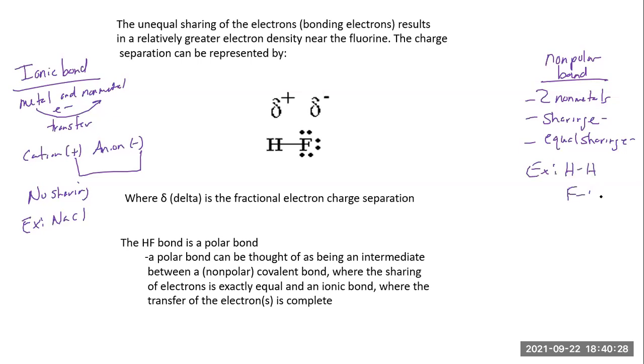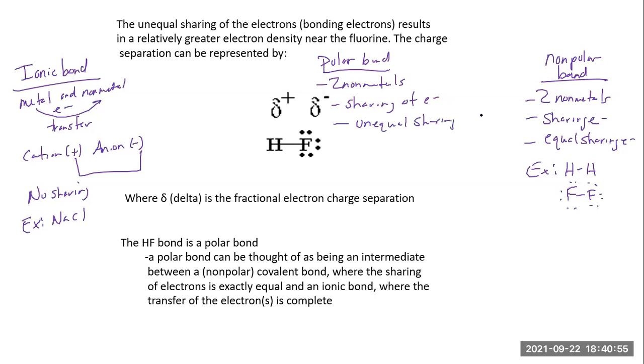Those are again examples of that. And sort of in the middle is a polar covalent bond, or just a polar bond, also between 2 nonmetals. Also sharing of electrons, but here, unequal sharing of electrons. Like our example right here, HF.